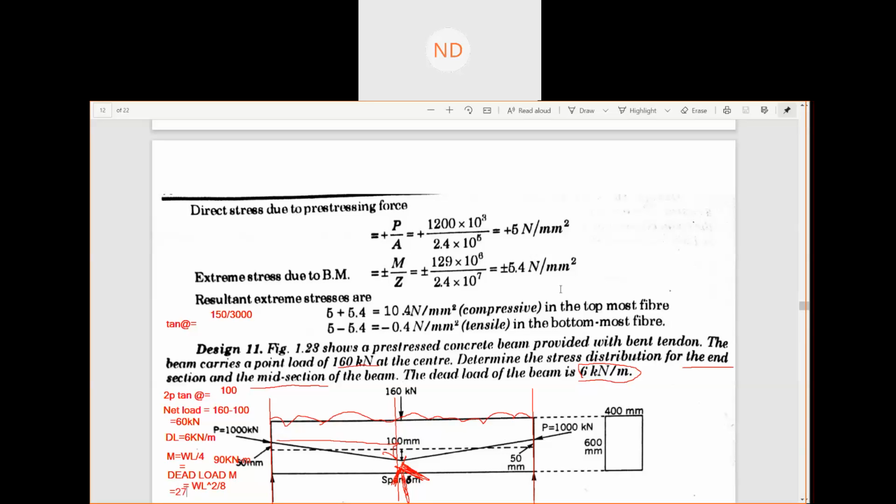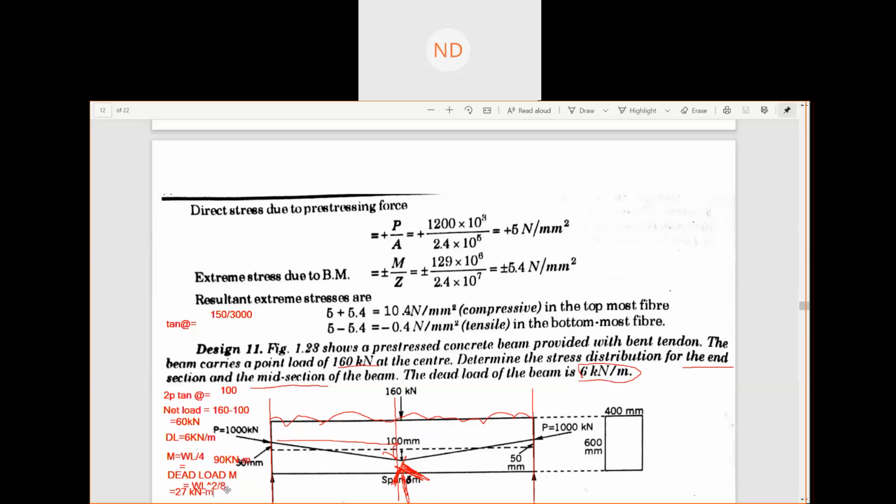Okay, I take it to be 27 kilonewton meter. So we got our dead load moment and the moment due to the point load, 90 kilonewton meter.